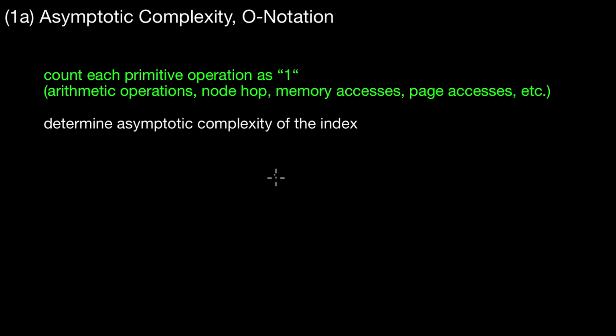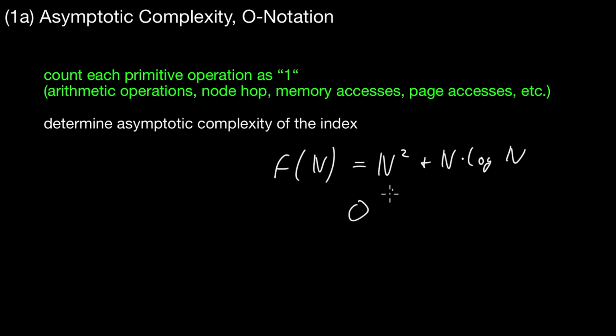Which means if you have a function that determines the number of operations you do, let's say that's a function of n, and it has something like n squared plus n log n, what O notation does is it kicks out all the terms that don't have so much influence once you increase n. So a function like that will lead to an O complexity of n squared, as for large n, that term doesn't matter anymore.